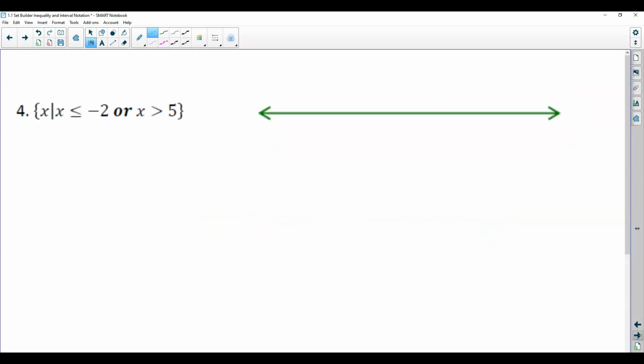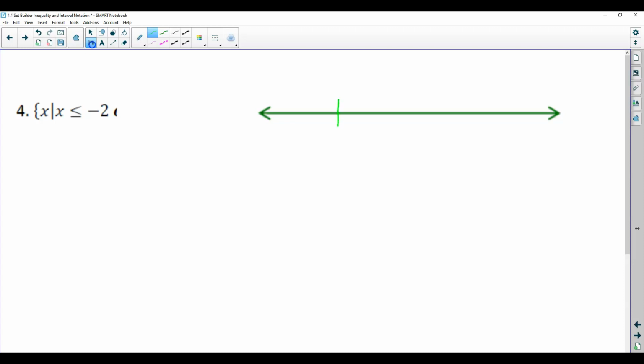Number 4 is an or statement. Remember, anything you shade is going to be part of the answer. It doesn't have to overlap. This or statement is harder than the one that I just did earlier. So let's take a look at what this is. I'm going to break it down piece by piece. I'm just going to cover that up for a second and focus on x being less than or equal to -2.